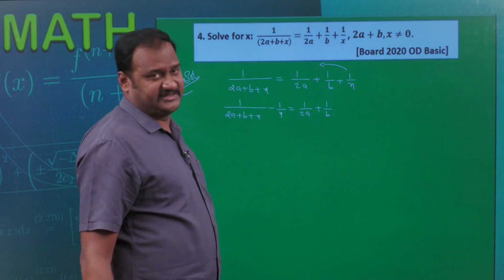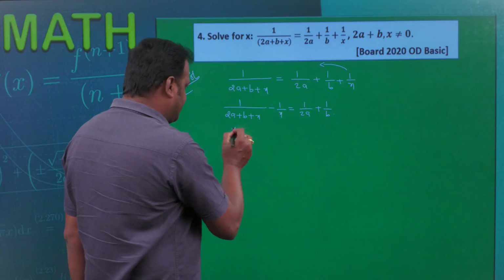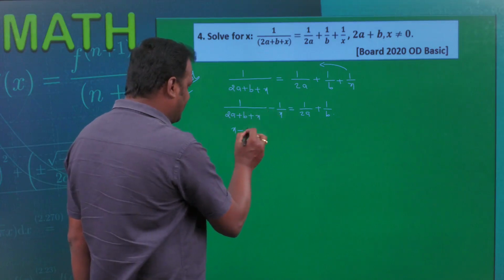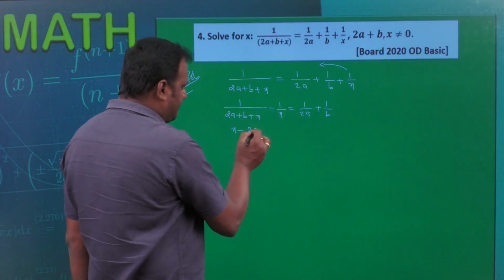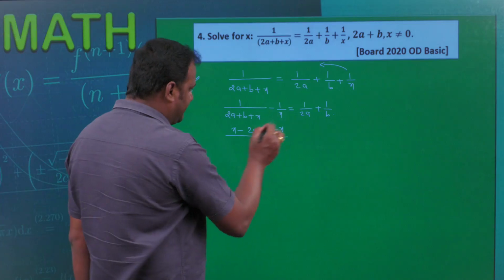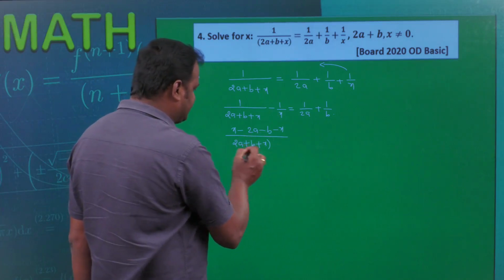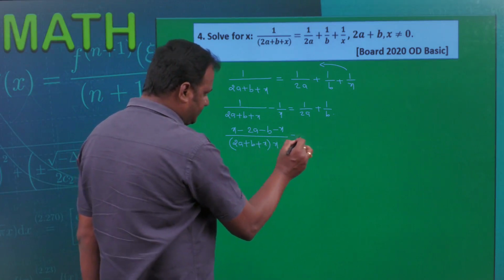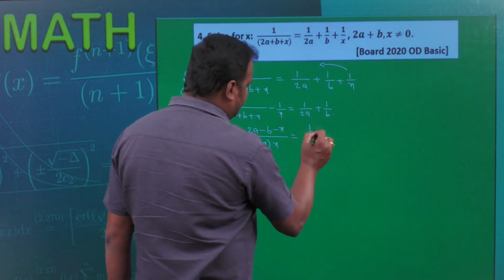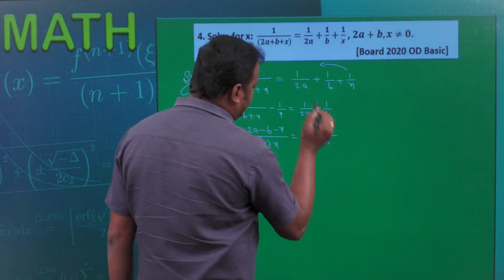Now start simplifying by taking LCM. x into 1 is equal to x minus this entire term into 1 is minus 2a minus b, minus into x minus x, all divided by, of course, the product of terms 2a plus b plus x into x, is equal to, here itself, it would be b plus 2a divided by 2ab.